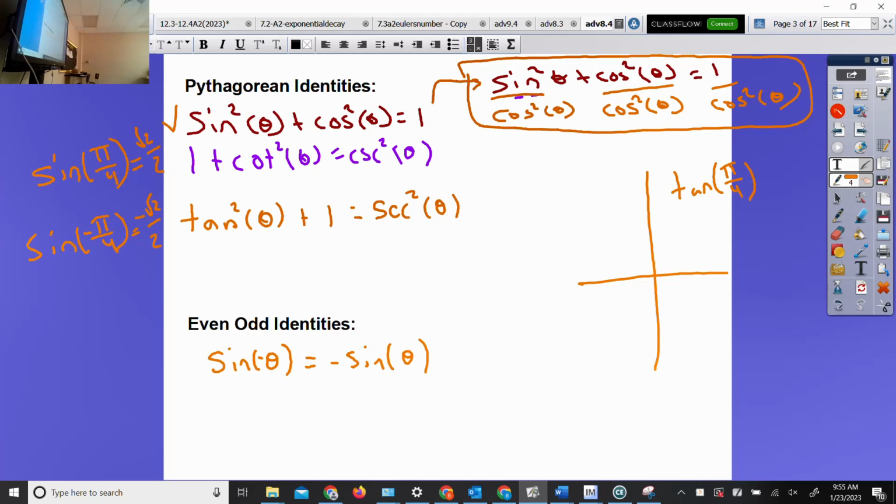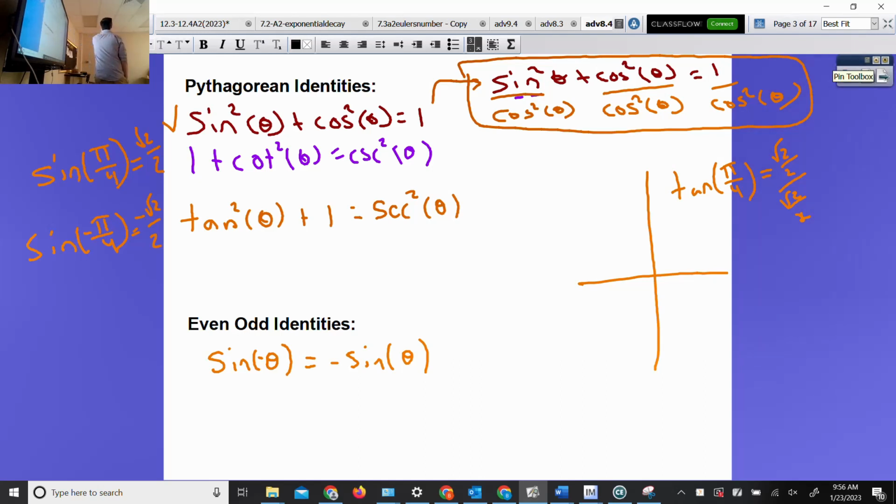It's root 2 over 2 divided by root 2 over 2. You're doing too much. It's something divided by itself. 1.